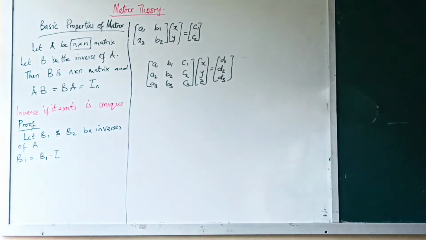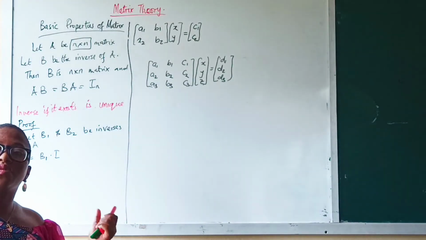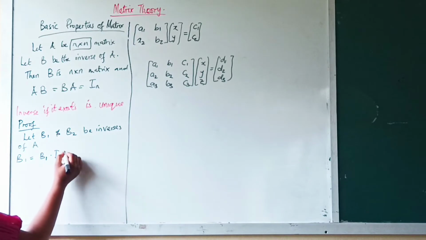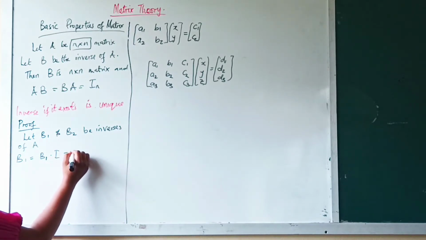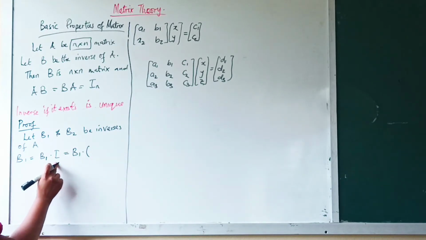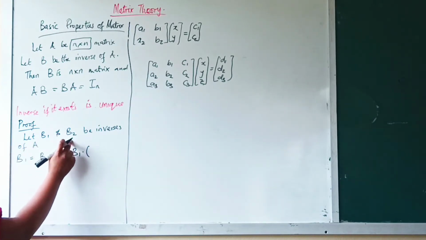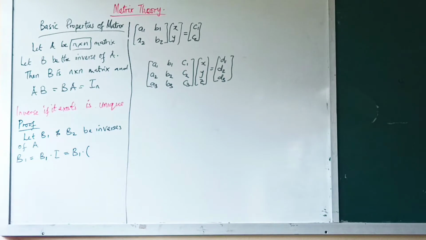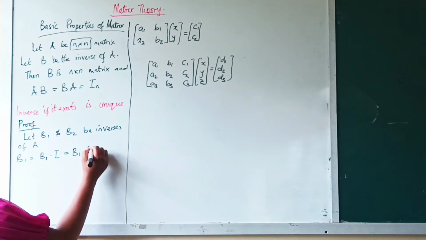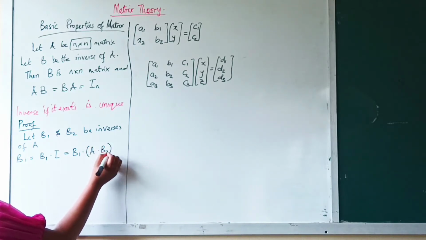If I have B1, it's the same as multiplying B1 by the identity matrix. By definition of I, B1 times I is A times B2. Are you getting there through this way? It is A times B2.